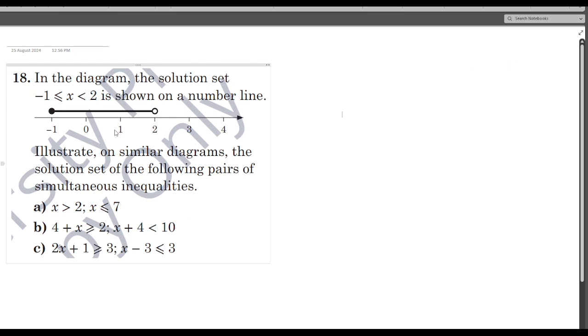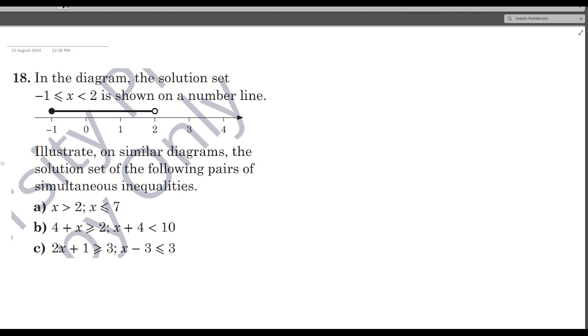Question number 18. In the diagram, the solution set is shown. The solution set for x greater than or equal to -1, less than 2, is shown on the number line. Illustrate on a similar diagram the solution set of the following pairs of simultaneous inequalities.